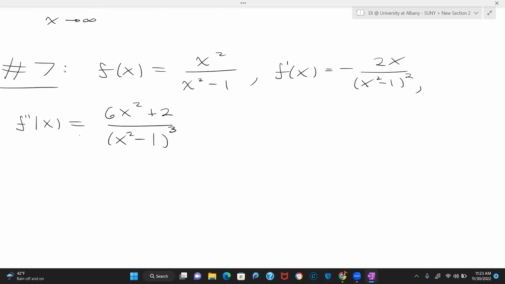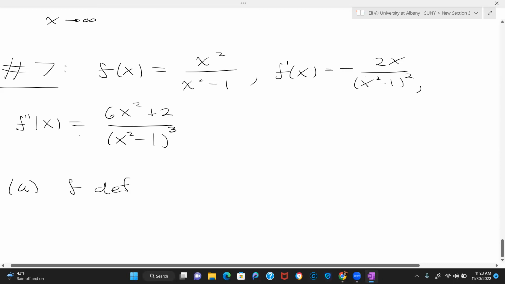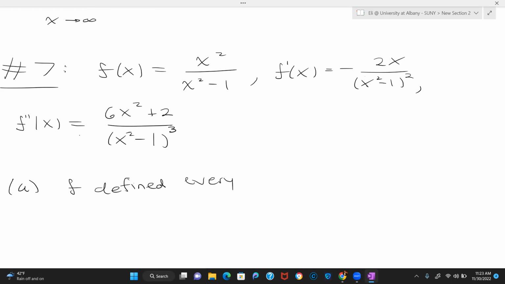All right, so for the first part, we need to state the domain of f, and f is defined everywhere except where the denominator is 0.